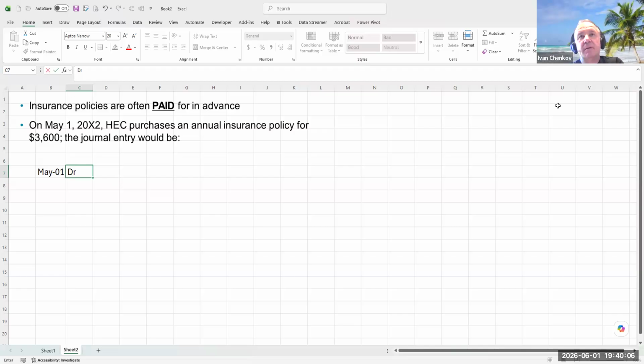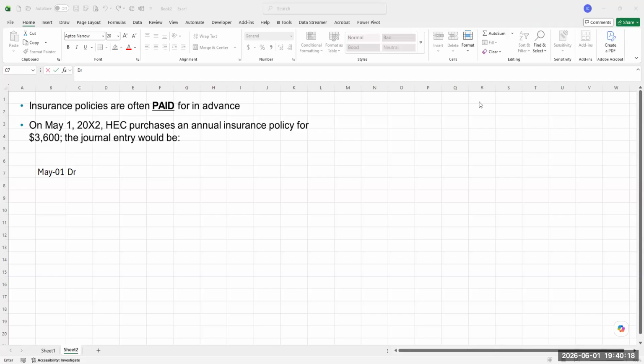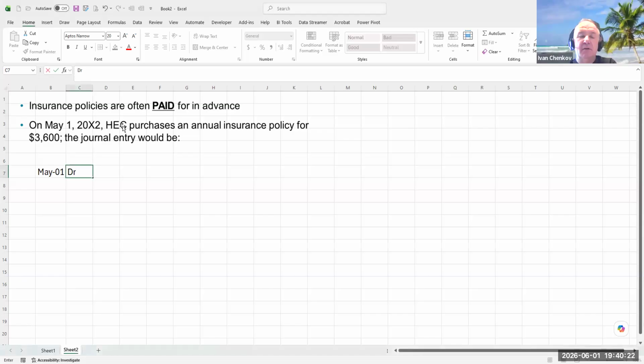What do you think? Let me turn on the chat so I can see what you say. We purchase insurance which is for 1 year from now. Today we purchase the insurance. Today it's an asset, it's a prepaid expense. What asset is it going to be? Prepaid insurance, right? Yes.